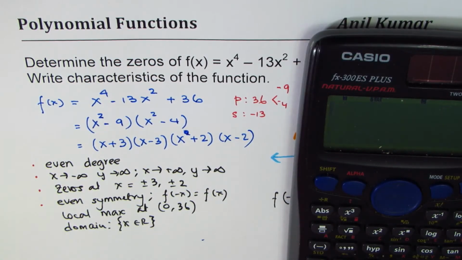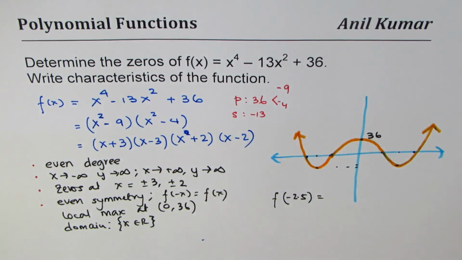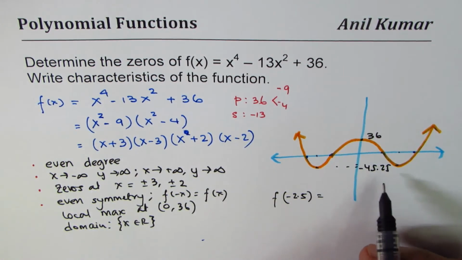So we have within brackets minus 2.5 to the power of 4 minus 13 times within brackets minus 2.5 squared, and then we'll add 36 to it, to get a value which is minus 45.25, right?